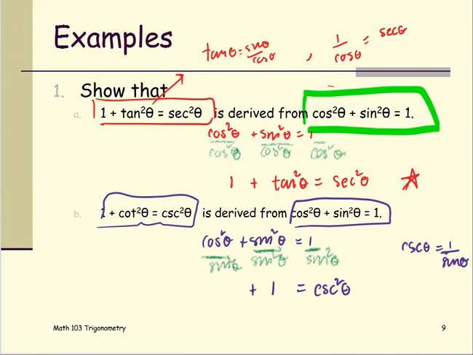Cosine squared theta over sine squared theta: note that cosine over sine is the cotangent of theta, and since it's squared, we have cotangent squared theta plus 1 on the left-hand side equals cosecant squared theta on the right-hand side. So we are done showing that 1 plus cotangent squared theta equals cosecant squared theta, derived from the Pythagorean identity cosine squared theta plus sine squared theta equals 1.